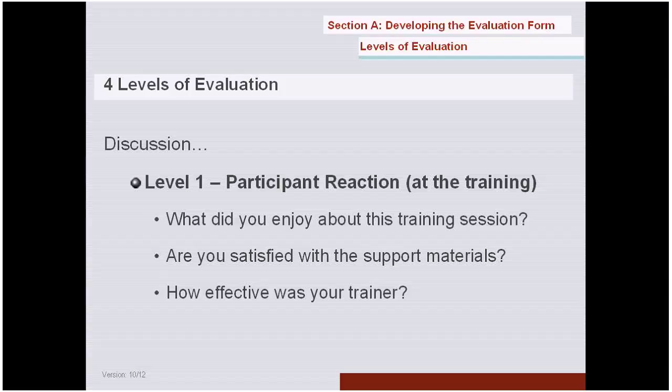You get much more usable information asking simple open-ended questions. For instance, are you satisfied with the support materials is a yes-no question, right? Yes. They either were or they weren't. But if you turn that into an open-ended question and said, what do you like about the support materials, what do you think you'll get?